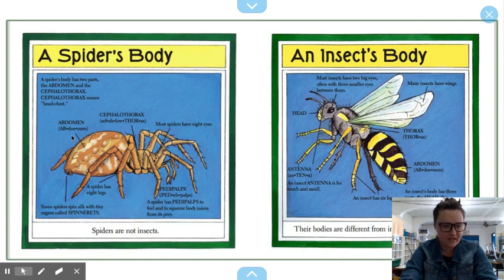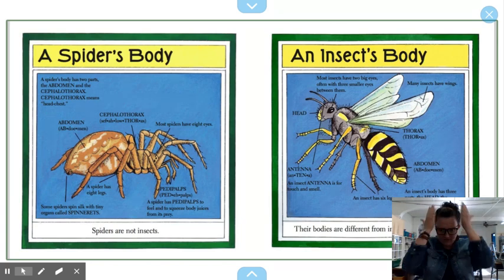We have the abdomen. And then it says some spiders spin silk with tiny organs called spinnerets. A spider's body has two parts, the abdomen and the cephalothorax. Cephalothorax means head chest. So their head and their chest are combined. See, we have a neck? They don't have necks. It's just all one thing.